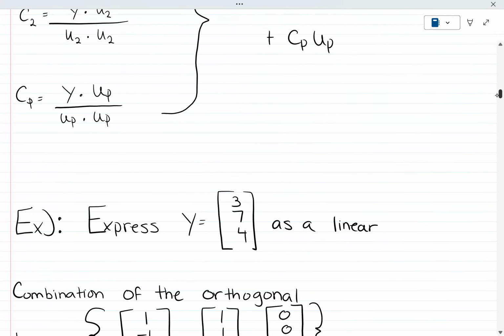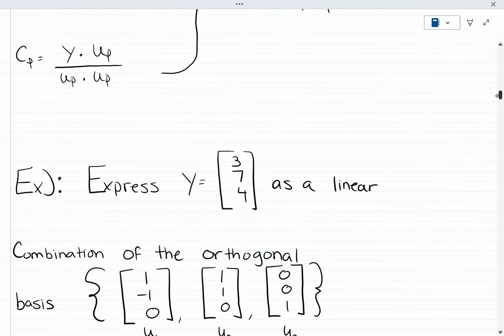Maybe if we do an example. This example says: express the vector y equals (3, 7, 4) as a linear combination of the orthogonal basis of these three vectors, u1, u2, and u3.